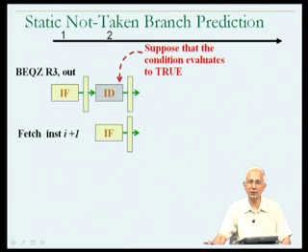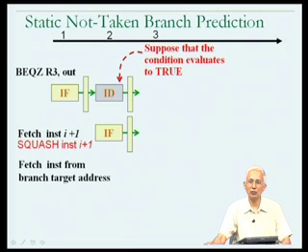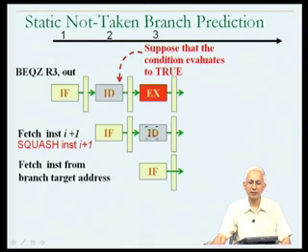So, the hardware, as soon as it detects this, has to squash instruction I plus 1, and subsequently in cycle 3 it has to start fetching from the correct target address, whatever had been correctly computed in the cycle 2 ID stage. The instruction incorrectly fetched in cycle number 2 will have to be ignored or annulled.